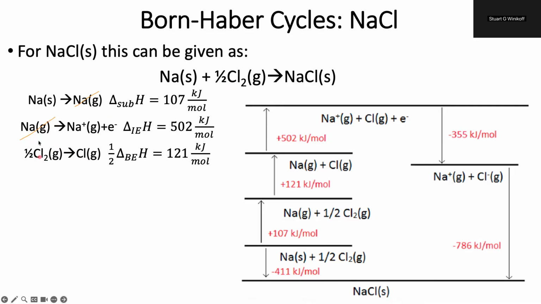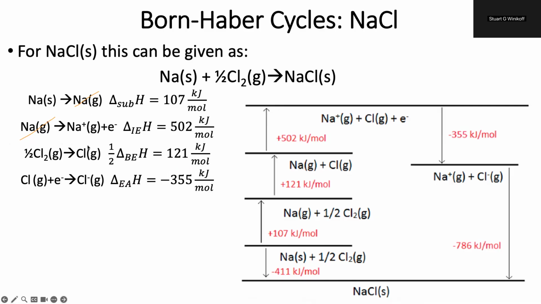But notice I'm only breaking up 1/2 of the chlorine, so I'm only going to use half that bond dissociation energy, which is about 121 kilojoules. So again, makes sense. Breaking apart a bond should be unfavorable. Then that chlorine can gain an electron in an energetically favorable step to make the chloride ion.